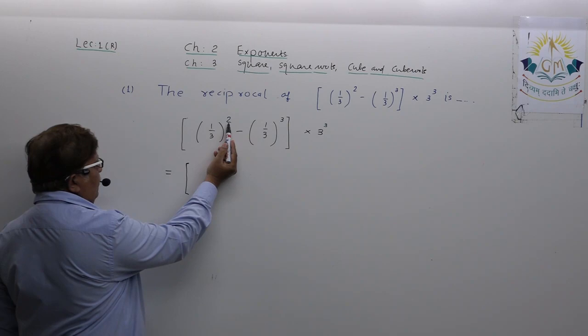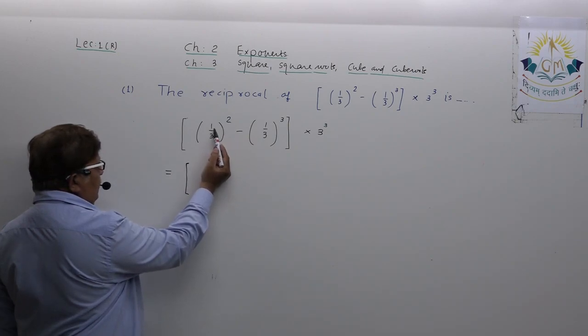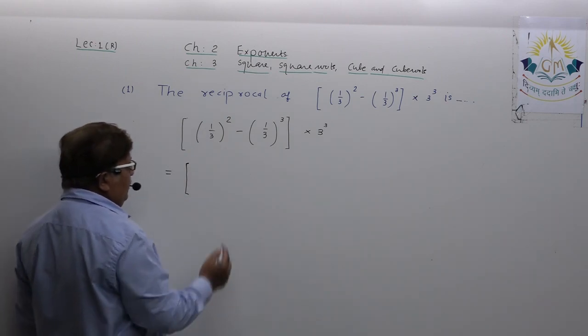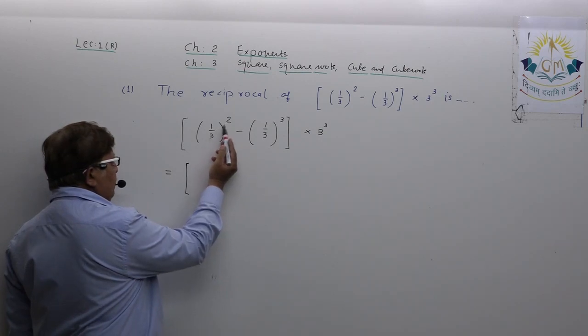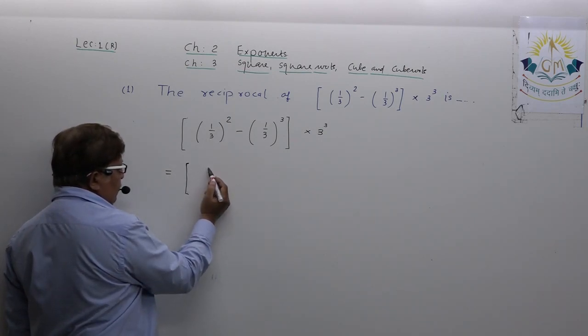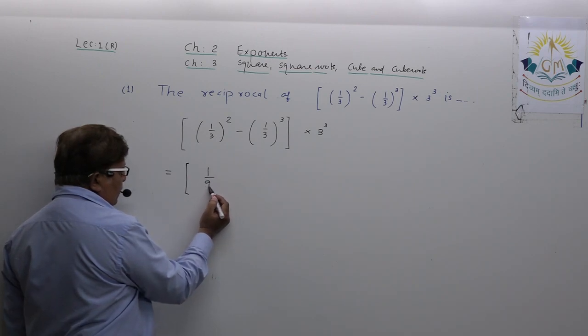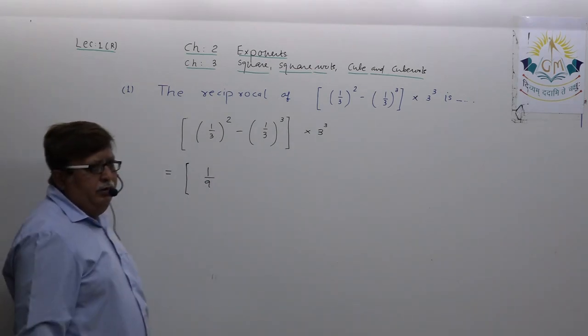Because the powers are already positive, you can evaluate the base very easily. 1 upon 3 raised to 2 simply means 1 upon 9. Is it clear?